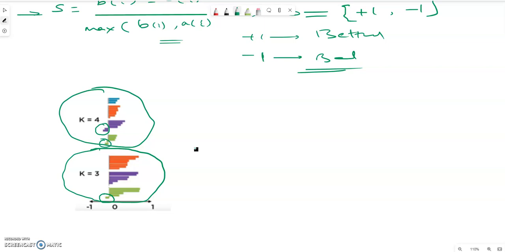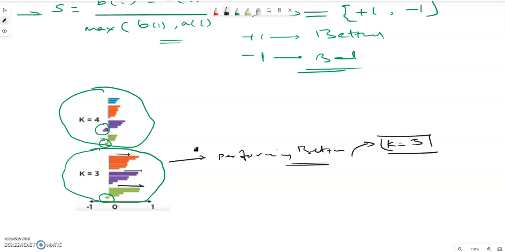And the other observation you can find from here is we have a large number of positive values when k is equal to 3. So definitely k is equal to 3 is performing better. So our best optimal point is when k is equal to 3.